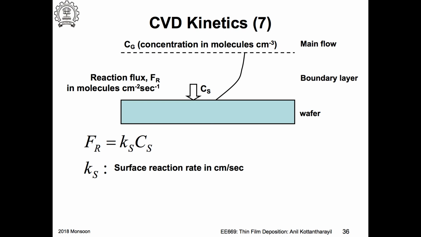After the reactants get transported to the surface, there are surface reactions, right, and there will be a flux, and that is given by Ks into Cs. So the reaction flux is proportional to the concentration of the reactants on the surface, and Ks is the surface reaction rate in centimeter per second. So this is just following what we had done for the oxidation process also, right.